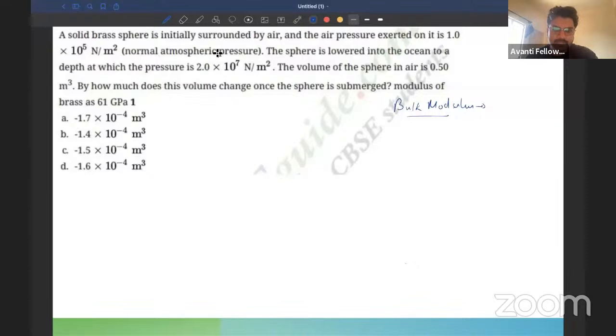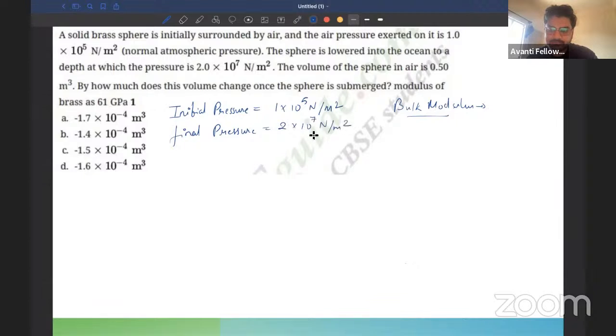So if I write the parameters here: initial pressure, what is the initial pressure given? In air it is 1 into 10 to the power 5 Newton per meter square. Then we have final pressure, which has of course increased, that is 2 into 10 to the power 7 Newton per meter square, right?